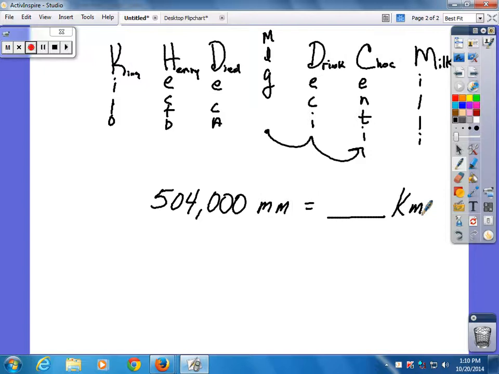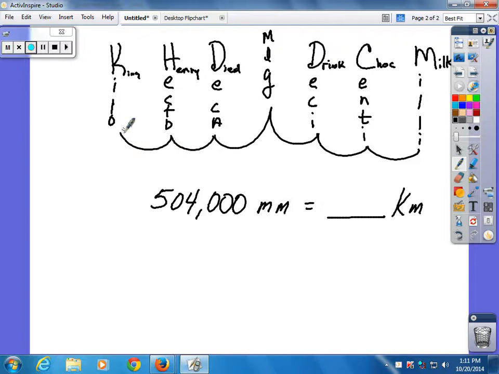How many kilometers is that? Well, where is millimeters? Millimeters is where? Down here. So 1, 2, 3, 4, 5, 6. 1, 2, 3, 4, 5, 6. Is 0.504 what? Kilometers. So it's a half a kilometer.